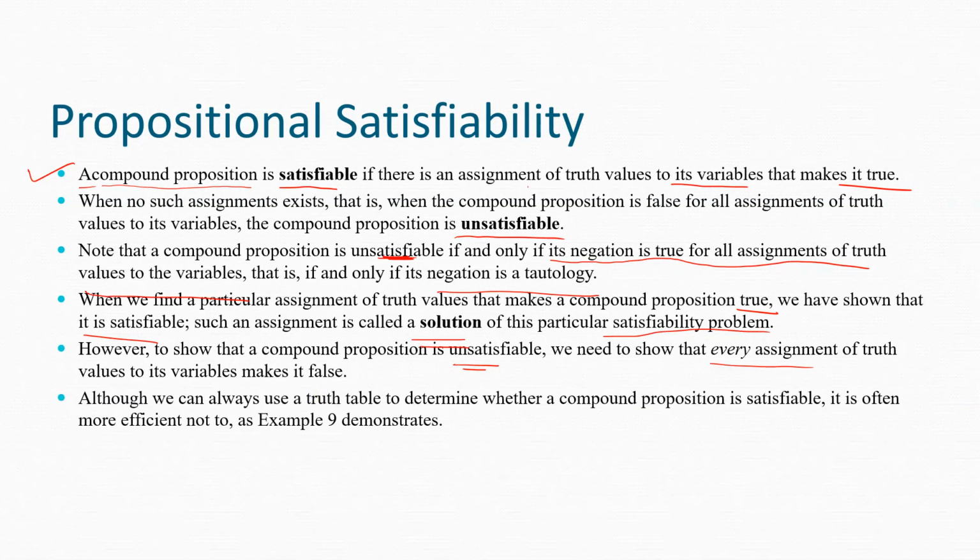And if we have to check whether a compound statement is satisfiable or unsatisfiable, we can do this with the help of a truth table, but it is often more efficient not to use a truth table. So the next example actually illustrates this fact.